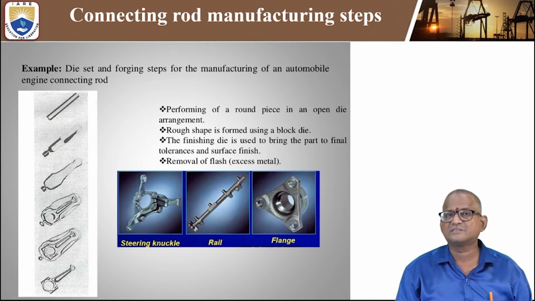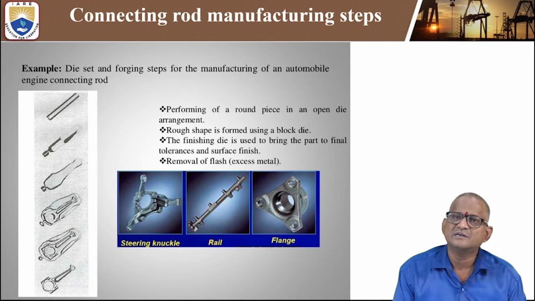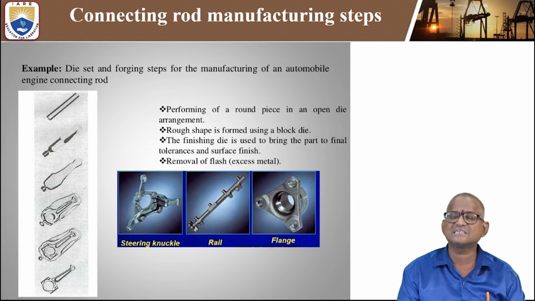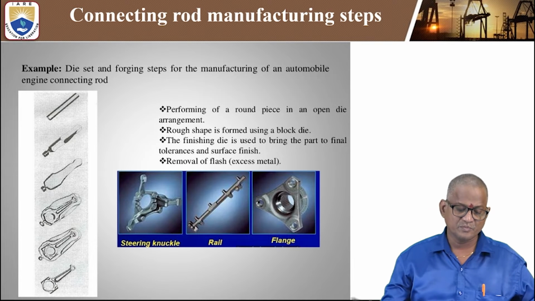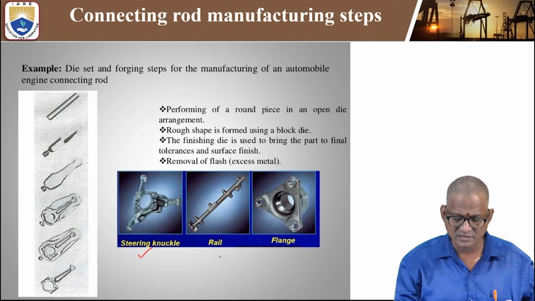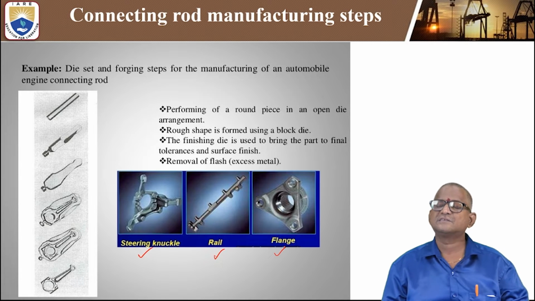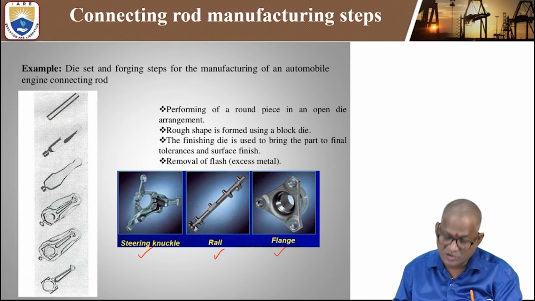Now look at these example die sets and forging steps for the manufacturing of an automobile engine connecting rod. You can see some important applications: steering knuckle, rail, and flange. These are three interesting automobile engine components.